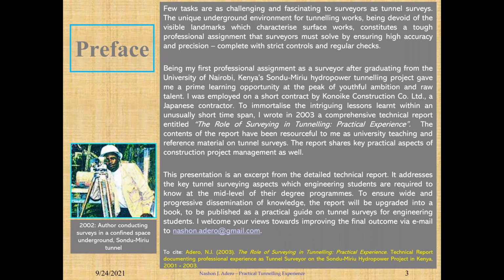But for a level, the telescope is fixed in the vertical plane, and you can only rotate the instrument along the horizontal plane. This is an automatic level I was using for vertical alignment. That is to get differences in levels or in elevations, delta H, and hence, based on benchmarks, you can get what we call reduced levels in the tunnel.